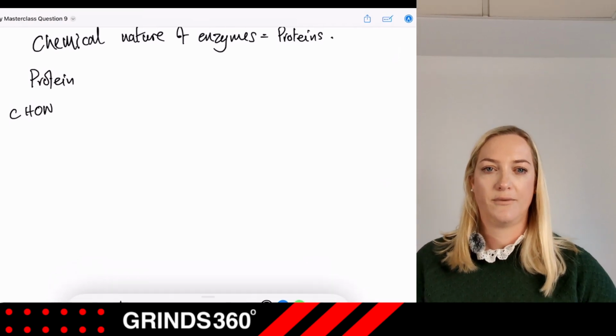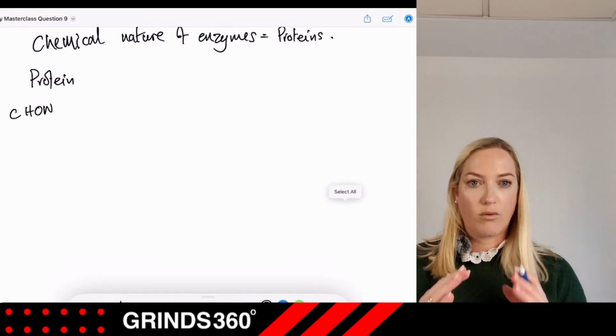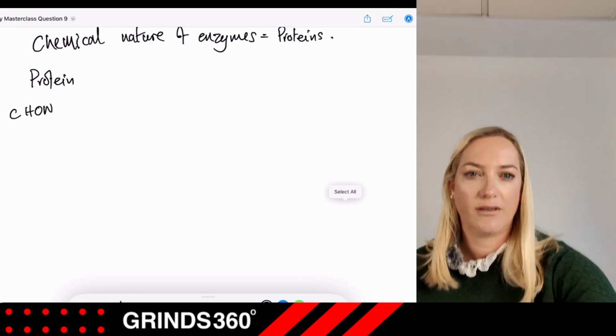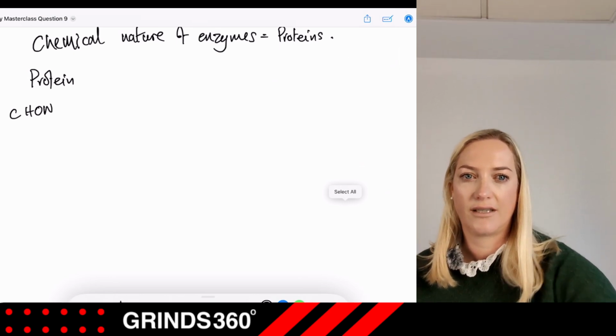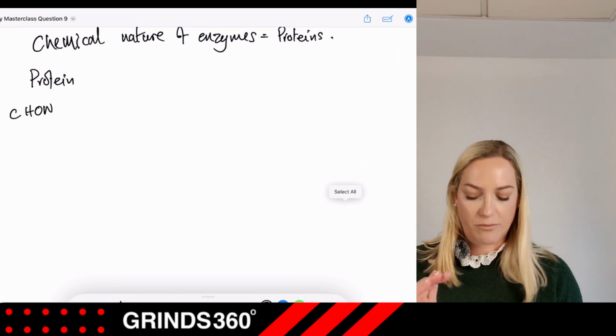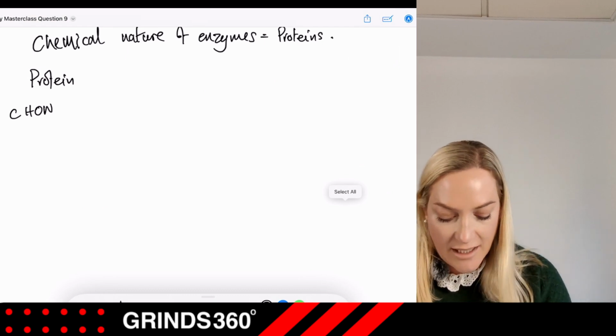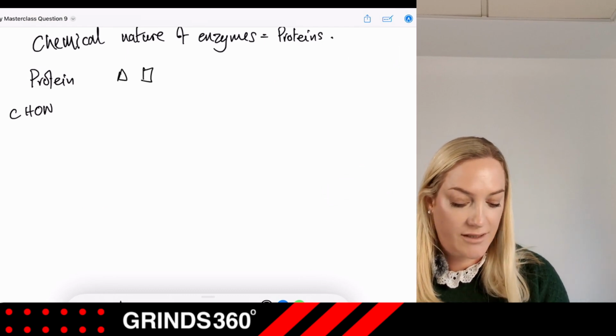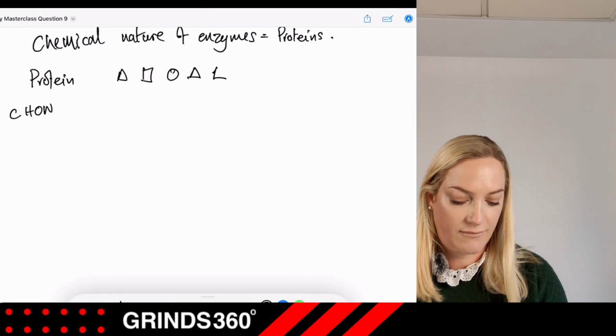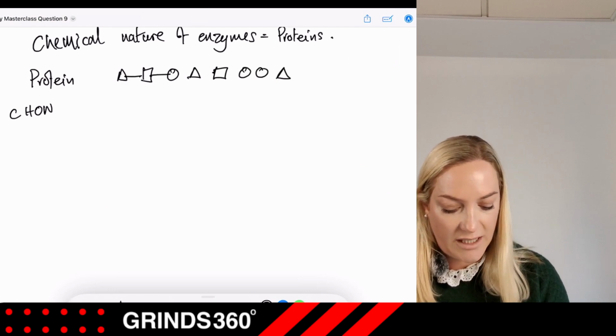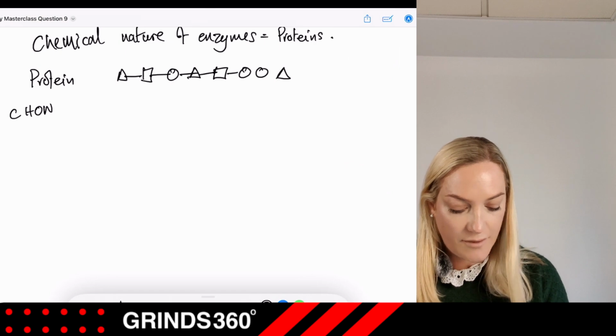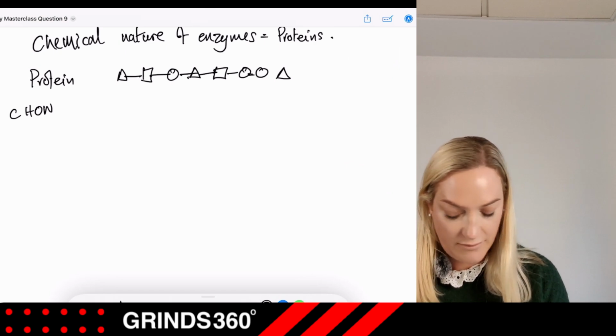Okay, so what are proteins made up from? Proteins are made up from amino acids. So I'm just going to draw here random shapes. So here's my chain of amino acids. These are making up a protein.